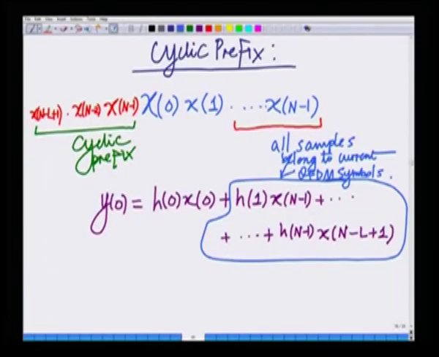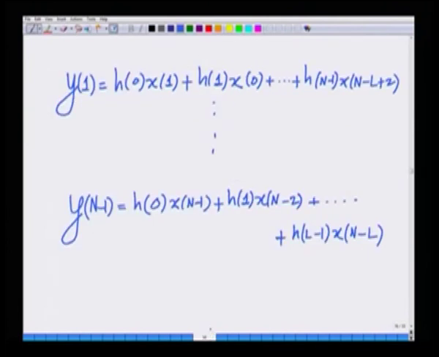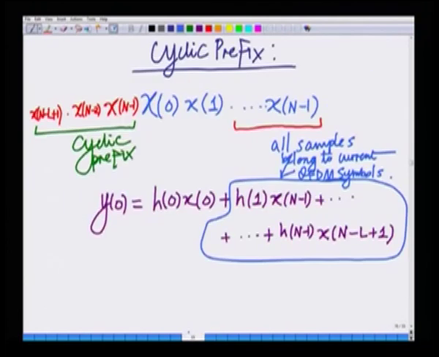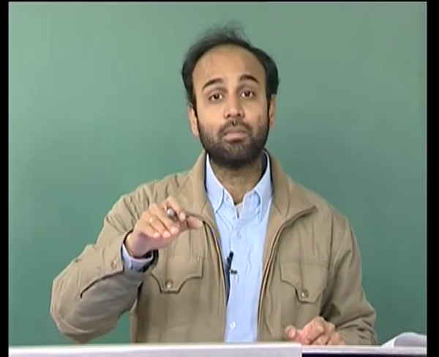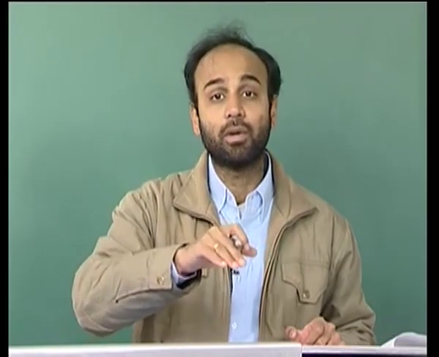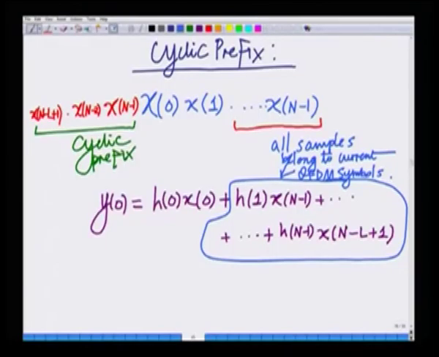With these samples, I have removed the effect of intersymbol interference. In other words, nowhere is the intersymbol interference arising from samples of the previous OFDM symbol, which was the symbol x tilde n minus 1, x tilde n minus 2. By prefixing this, now I have restricted the intersymbol interference to the same OFDM symbol.